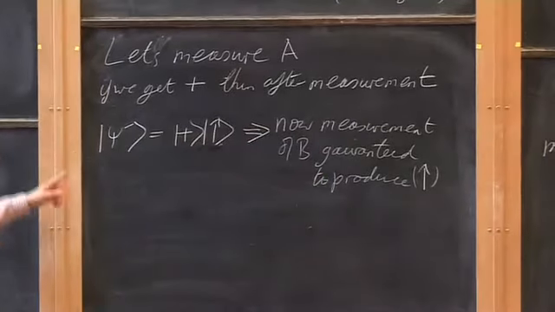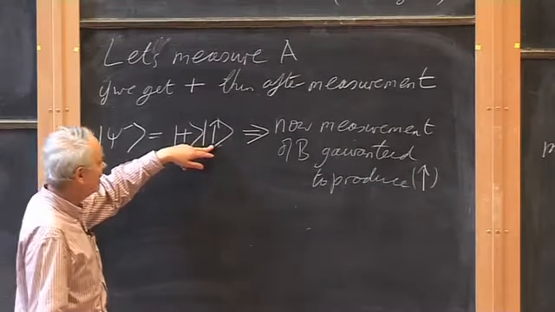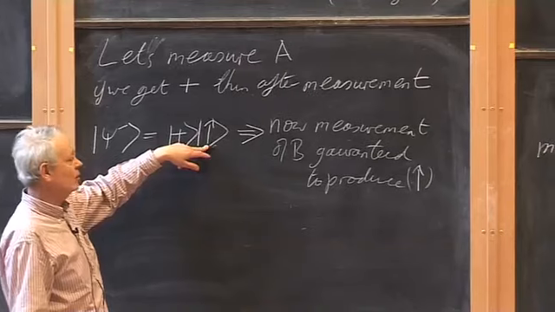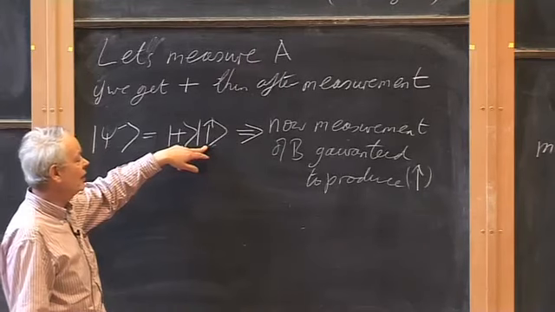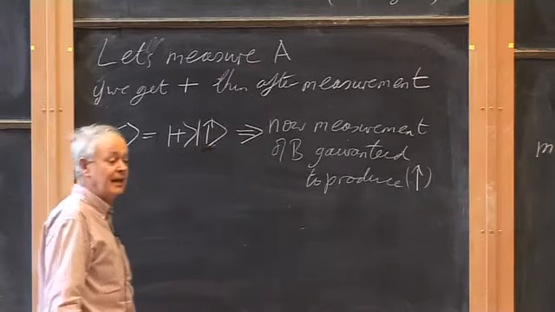Because this thing is something times up, there is now 0 amplitude to find down. You're certain not to find down, you are certain to find up.